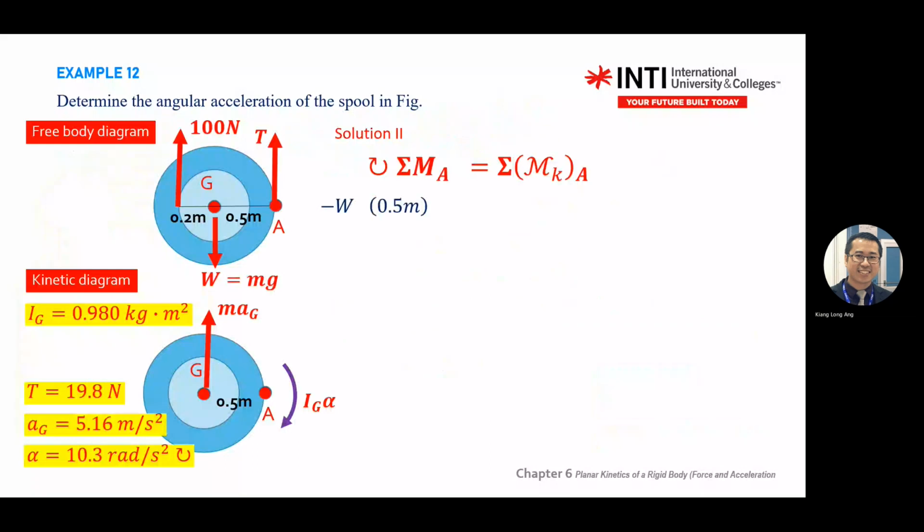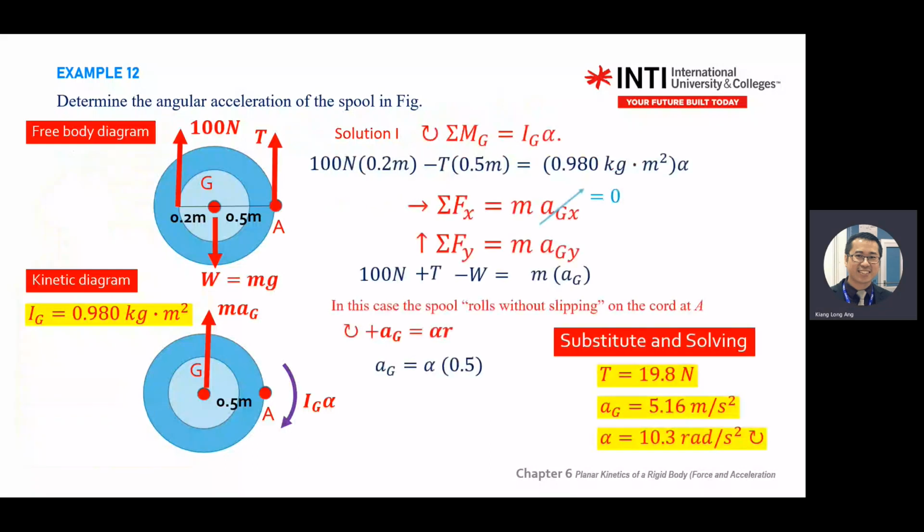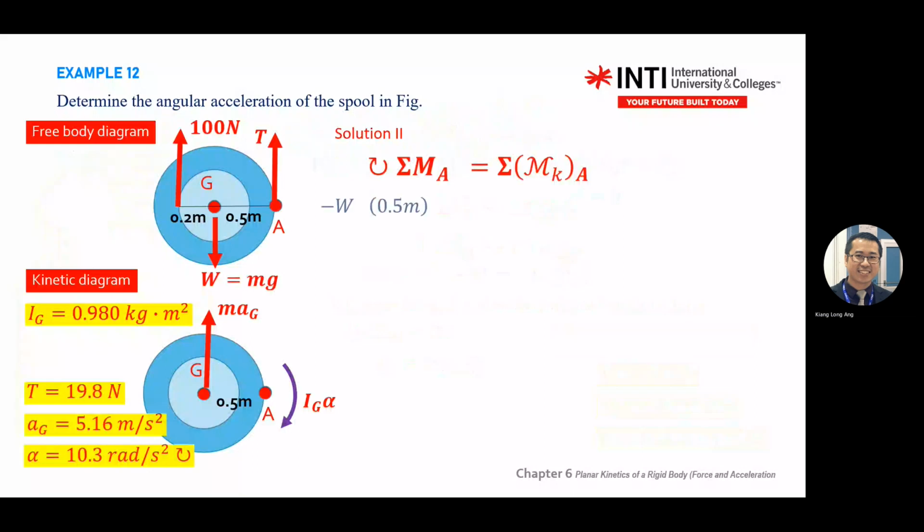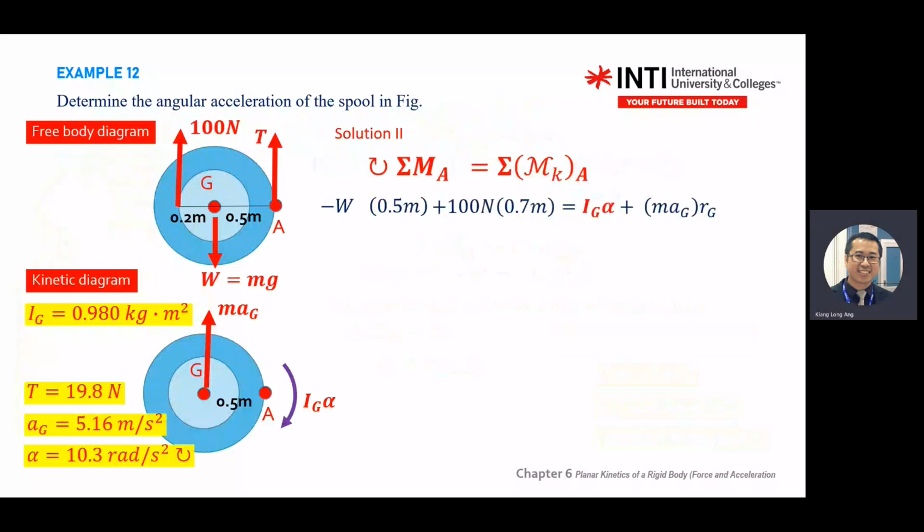Solution 2. The first equation, you already used, moment equal to I_G alpha. The second equation, you use moment: moment in the free body diagram equal to moment in the kinetic diagram. But now you focus on A. At moment A, you see two moments, one here, one here.